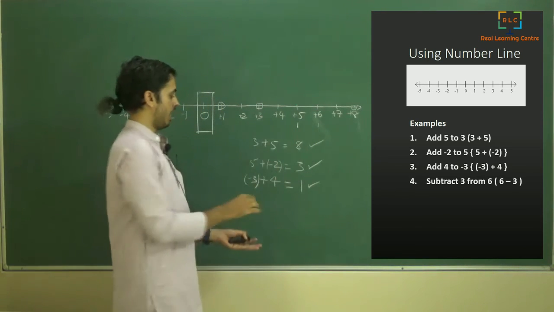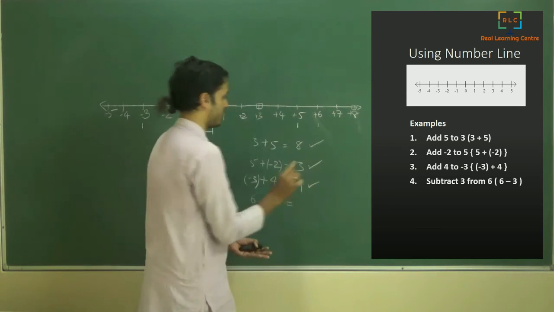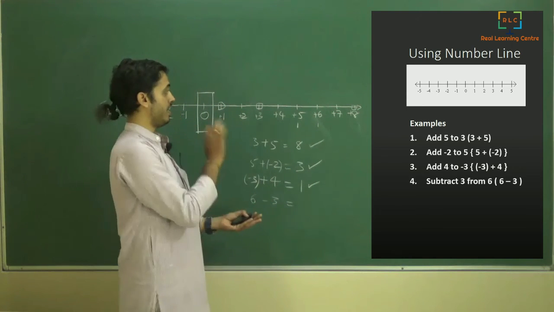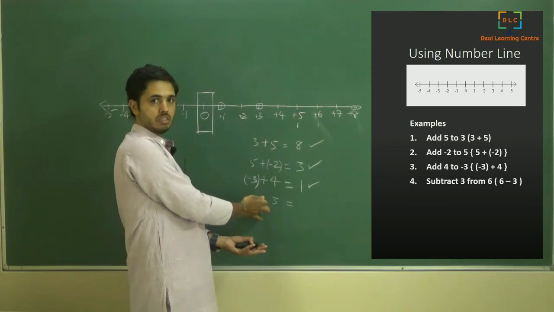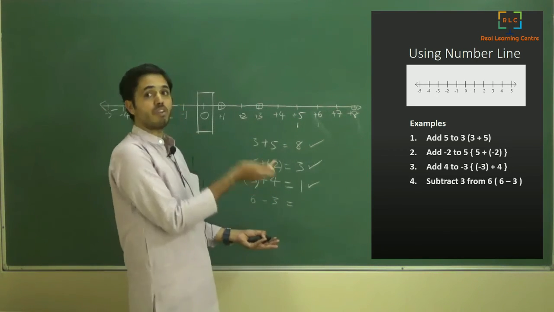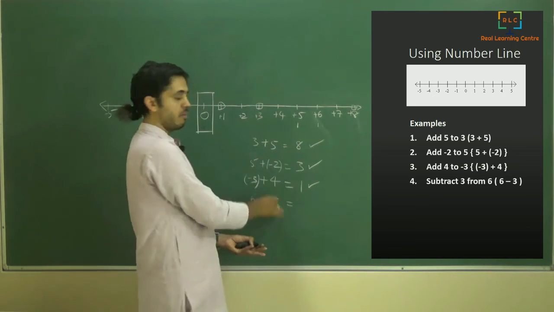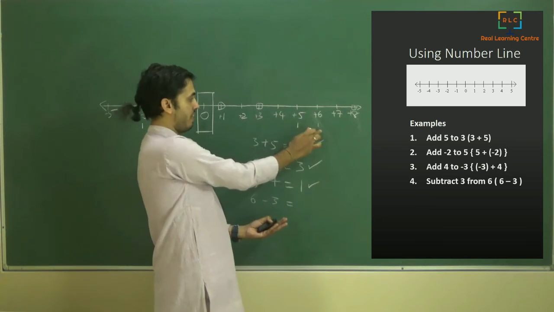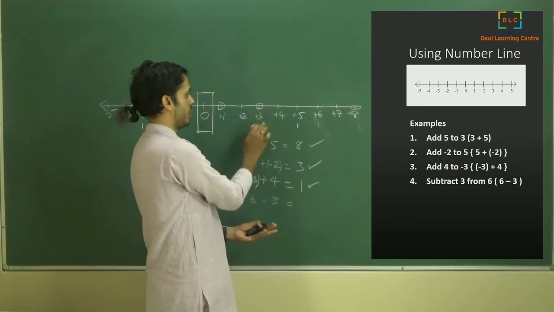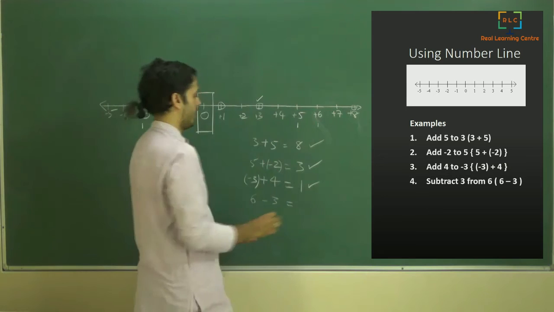I am at 6 now, and subtract 3 from 6. Again 3 is a positive number, but since I am using negative sign, that means subtraction, I have to reverse the direction of 3. 3 direction was right, but I have to reverse it, so it's left. Move 3 units towards your left from 6. 1, 2, 3. So the answer is 3.